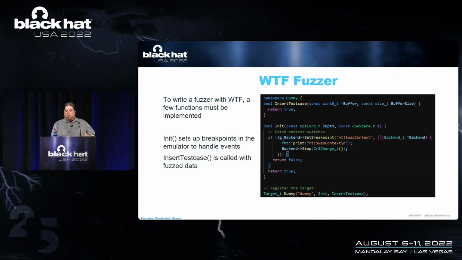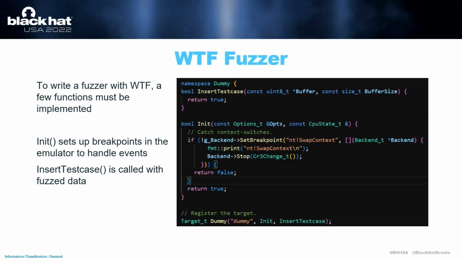To implement a harness, you more or less just need to write 3 functions. One that inserts the test case and moves the newly fuzzed data into the buffer that is in the memory snapshot, and then some initialization for catching calls to swap context or other functions that you would either want to modify or you would just want to force terminate your fuzzing session.